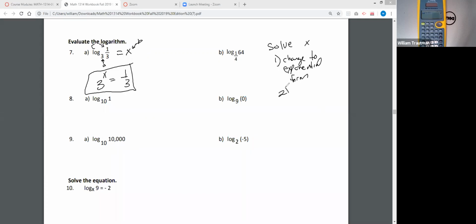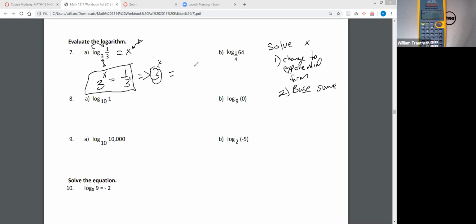Step 2, we already know step 2. We have to make the bases the same. This is what we did last time. Make the bases the same. I can change this problem, 3 to the x. My base is 3, so I can change 1/3. By the way, remember 3 has a power of 1 here.